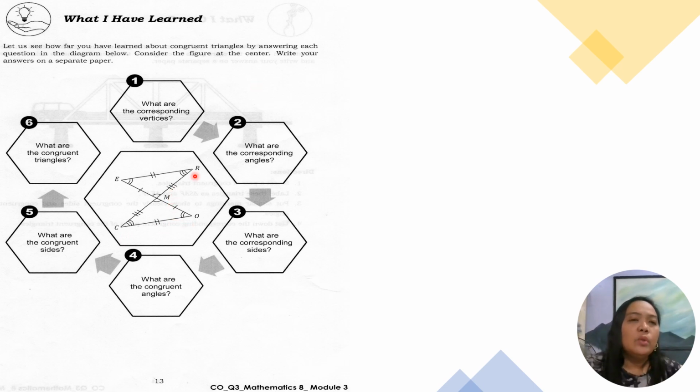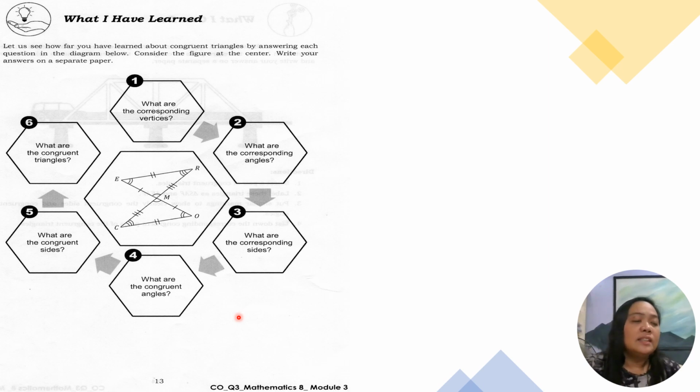Okay, I want you to answer the questions numbers 1, 2, 3, 4, 5, and 6. Write your answers to each of these questions on the given answer sheet. Let us see how far you have learned since we have finished discussing triangle congruence.